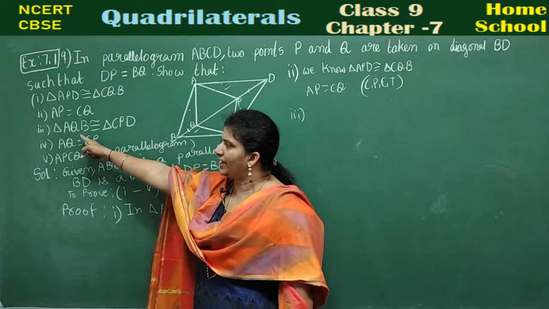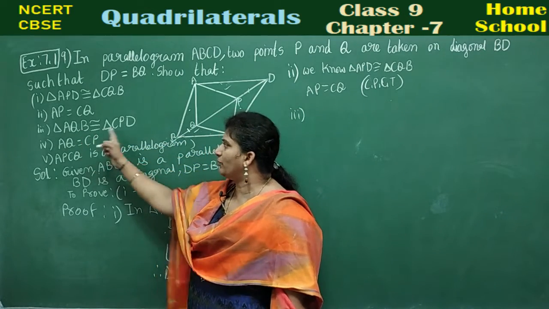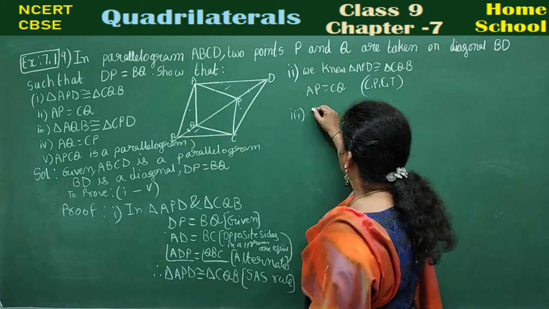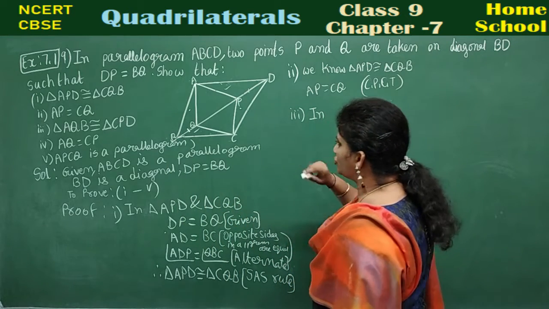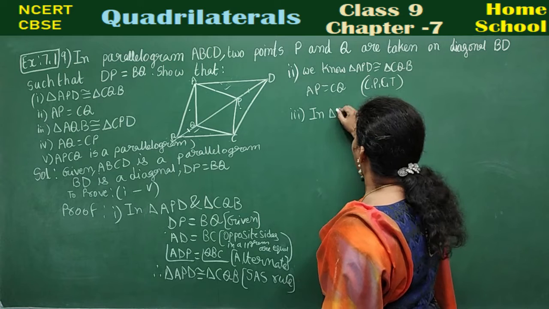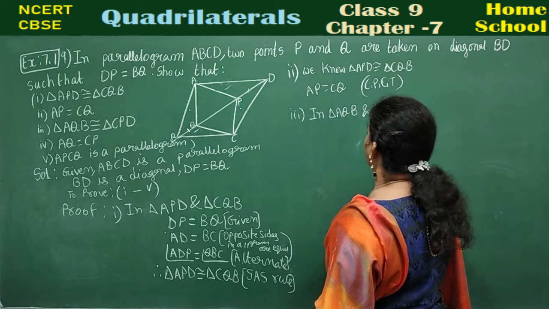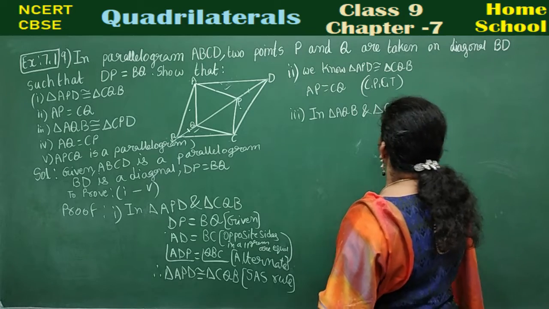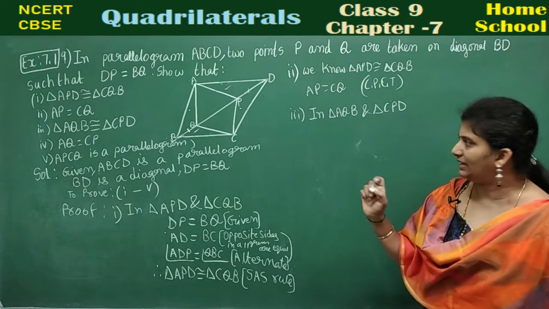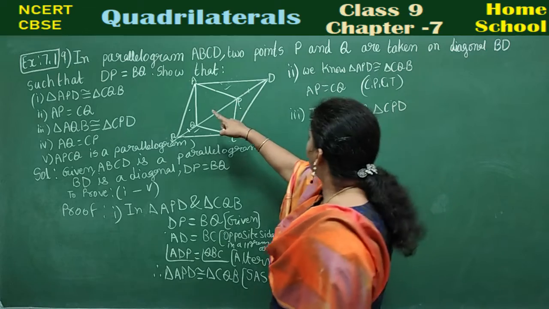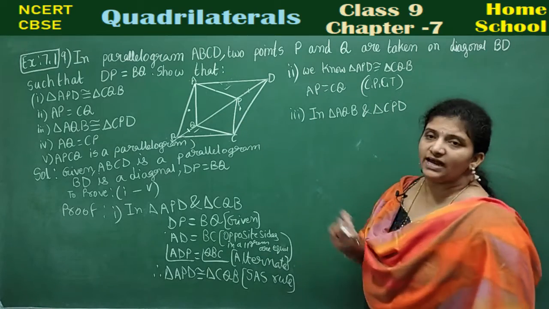Third one, which two triangles are there here? Triangle AQB and triangle CPD. I'm going to consider those two triangles now. In triangle AQB and triangle CPD, observe children in the figure. Now these two triangles you start comparing.